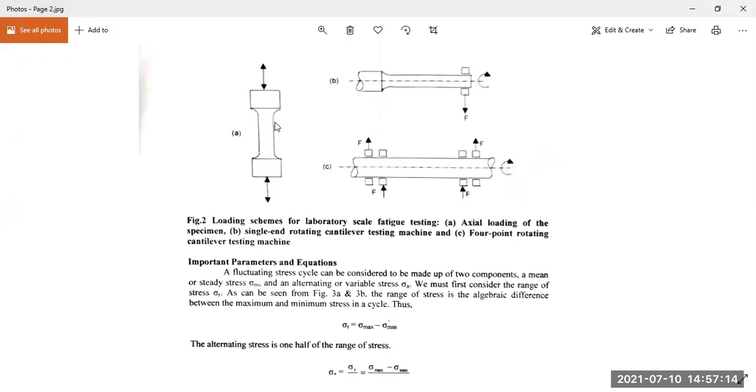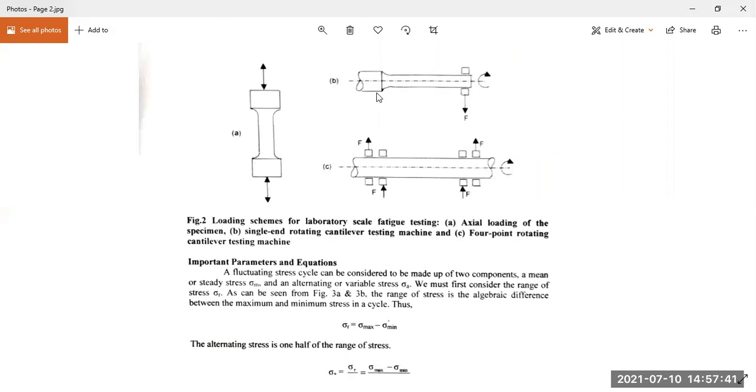What is shown here is a dumbbell-shaped specimen for a fatigue test, which is loaded at both ends. This load can be variable, or it can be applied once, then vanish, then applied again, and then vanish. This is one type of loading, applied directly in the axial direction, along the longitudinal axis of the machine.